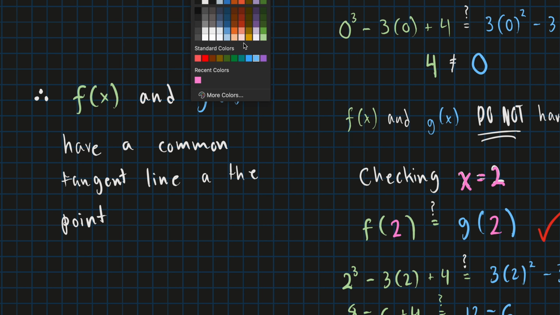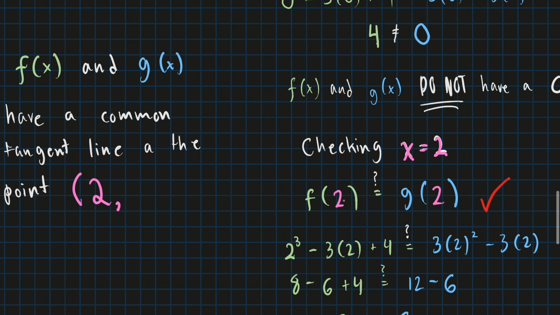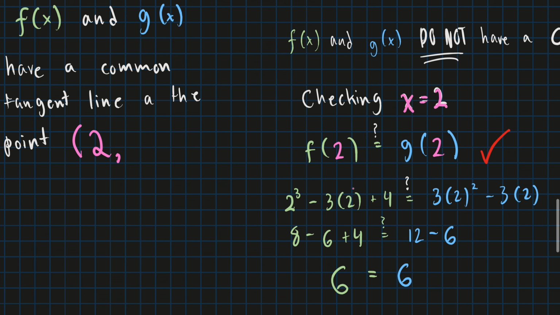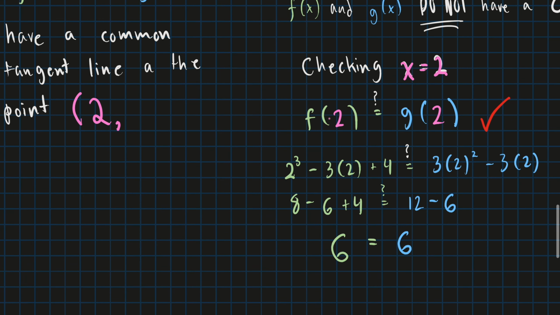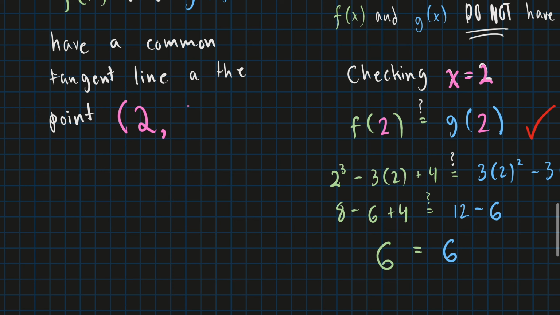We know that the x-coordinate is 2. Well, what's our y-coordinate? It's the same for f of x and g of x, because that was one of our criteria. And we got f of 2 is 6, and of course g of 2 is 6. So our common tangent line point is 2, 6.